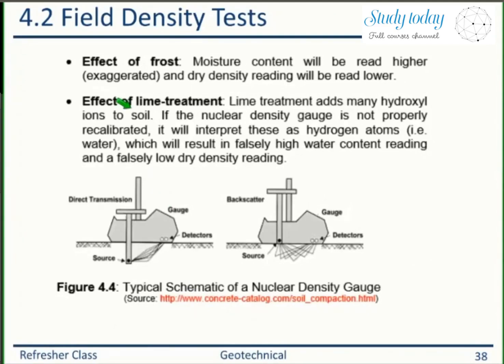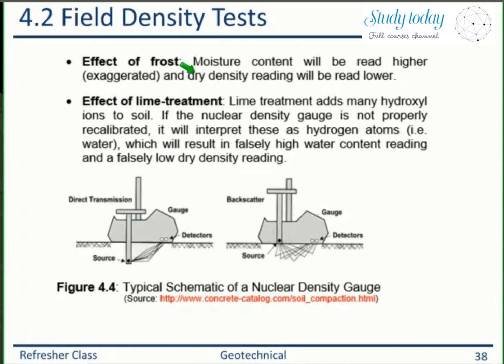when you use the nuclear density gauge, one thing you have to keep in mind, and they can ask you these things, right? When you use the nuclear density gauge in winter conditions, when the ground is frozen, the gauge will read the moisture content higher.